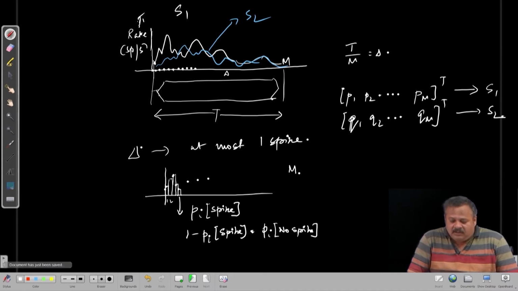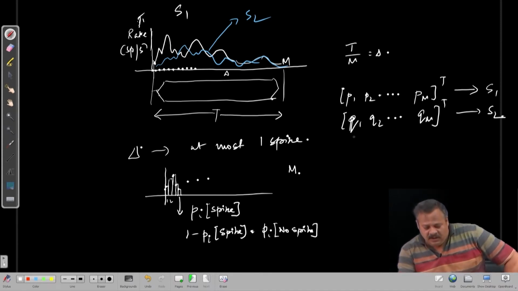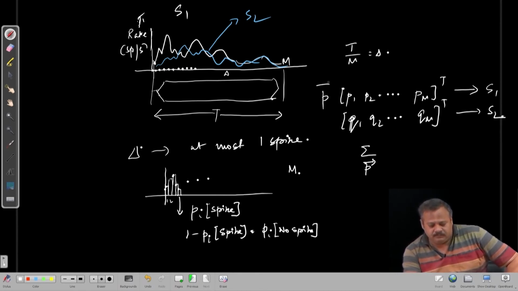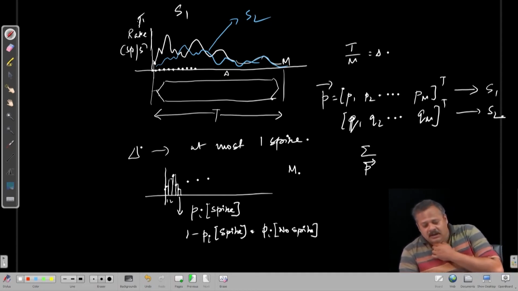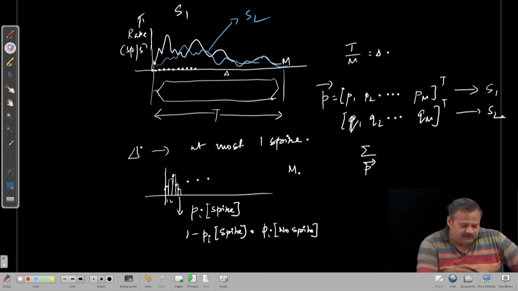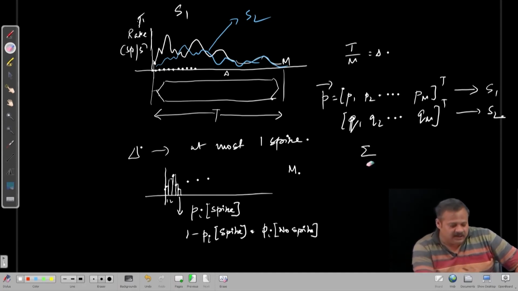So, we now have to solve the KL distance between two vector random variables, and so we will be summing over all possible sets of values of the vector p. It is not a sum over vector p, that would be incorrect to say.